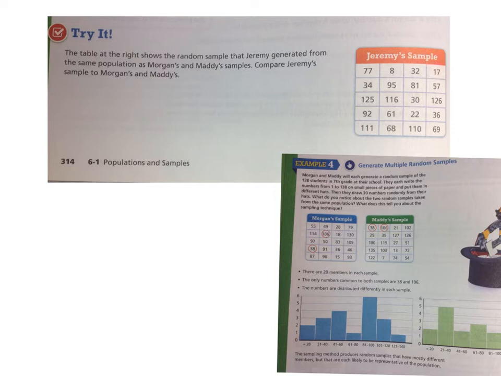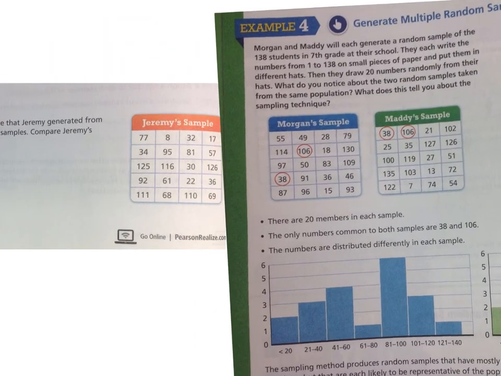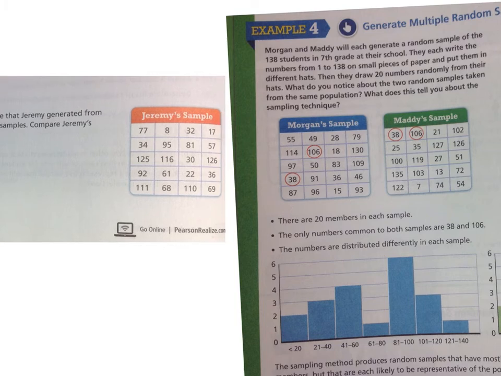So the table at the right shows the random sample Jeremy generated from the same population as Morgan's and Maddie's samples. Compare Jeremy's sample to Morgan's and Maddie's. So I've brought this on the same screen here so we can see it a little bit easier.